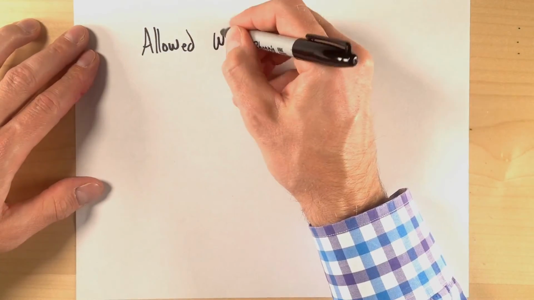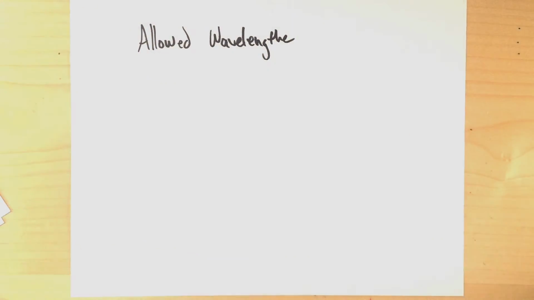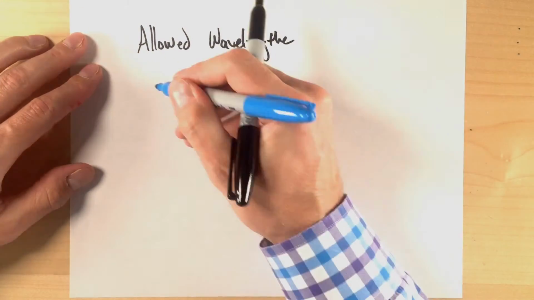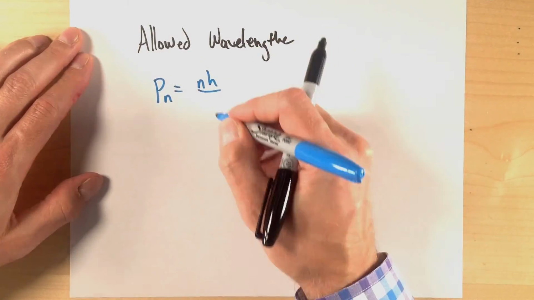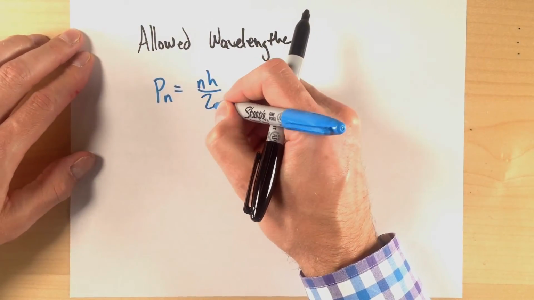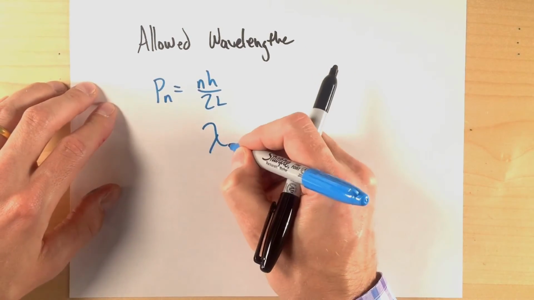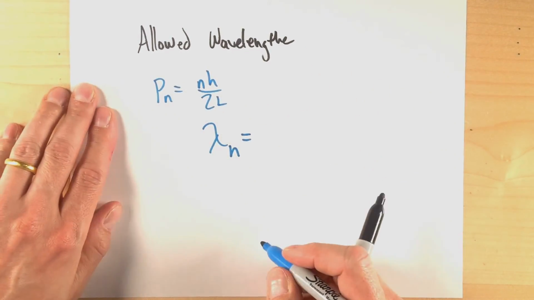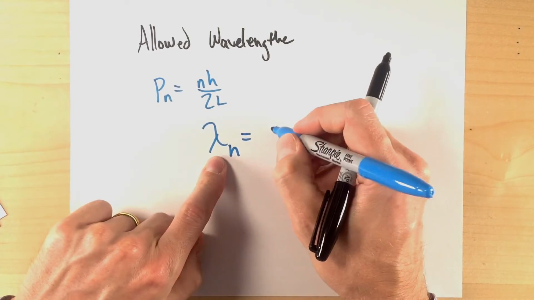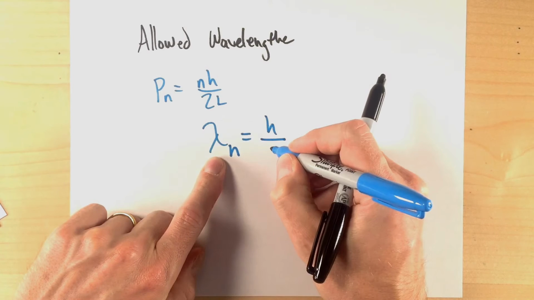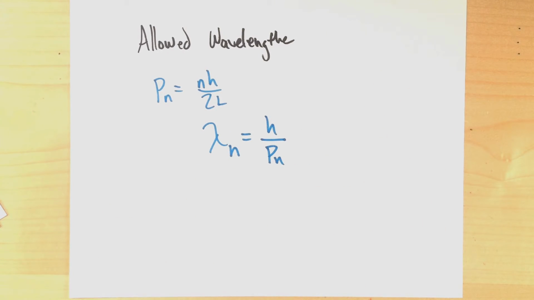So the allowed wavelengths can be found from the momentum. If the momentum is the quantum number n times Planck's constant over 2L, then the wavelength associated with that particle is Planck's constant divided by the momentum of that quantum state.